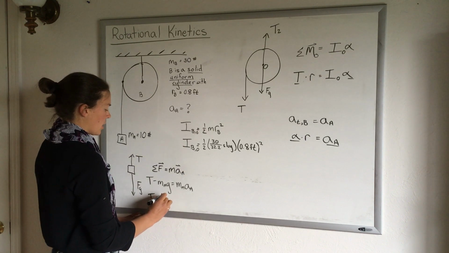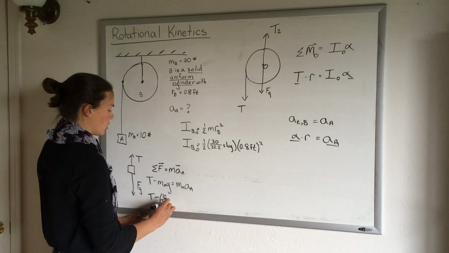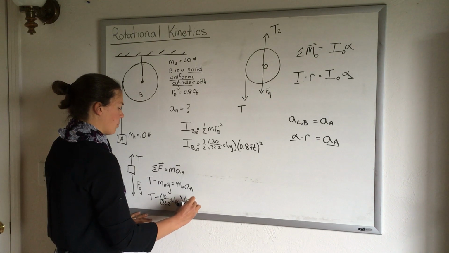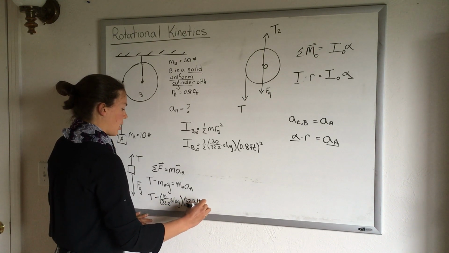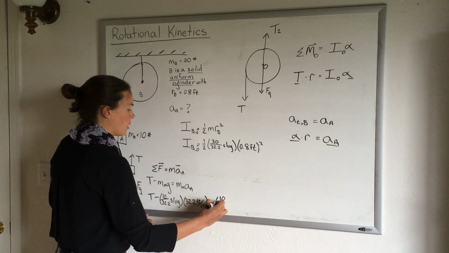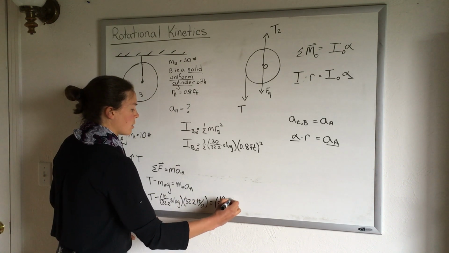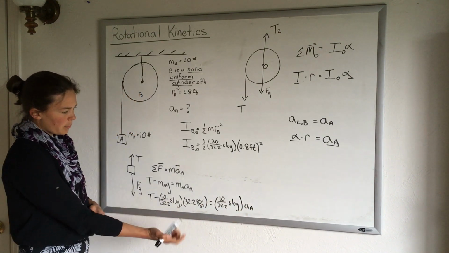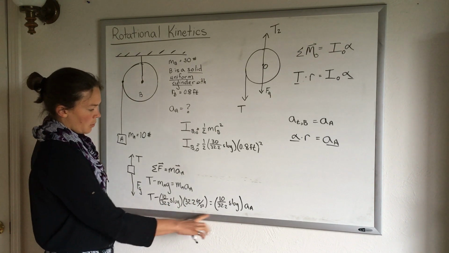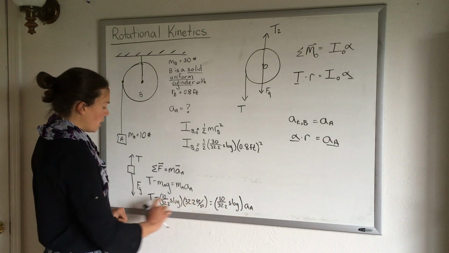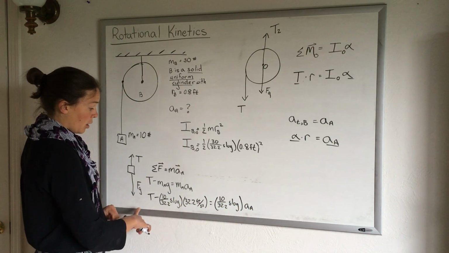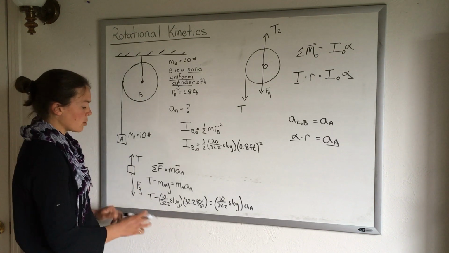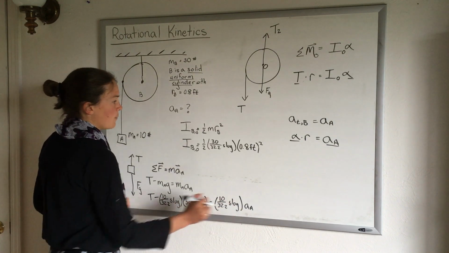When in doubt, convert to slugs, and this is the prime case to convert to slugs, so 10 divided by 32.2 slugs, times 32.2 feet per second squared should equal 10 divided by 32.2 slugs times my unknown acceleration of A. And if I check my units out here, I have slugs, feet per second squared, slugs, so my acceleration should be in feet per second squared, and my tension should be in slug feet per second squared. And remember, a slug foot per second squared is a pound, so that actually makes sense. This will be in pounds, and this will be in feet per second squared.